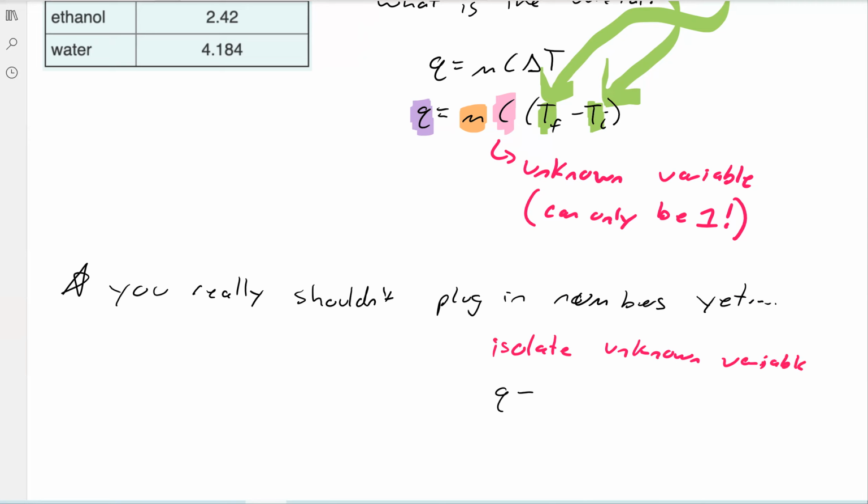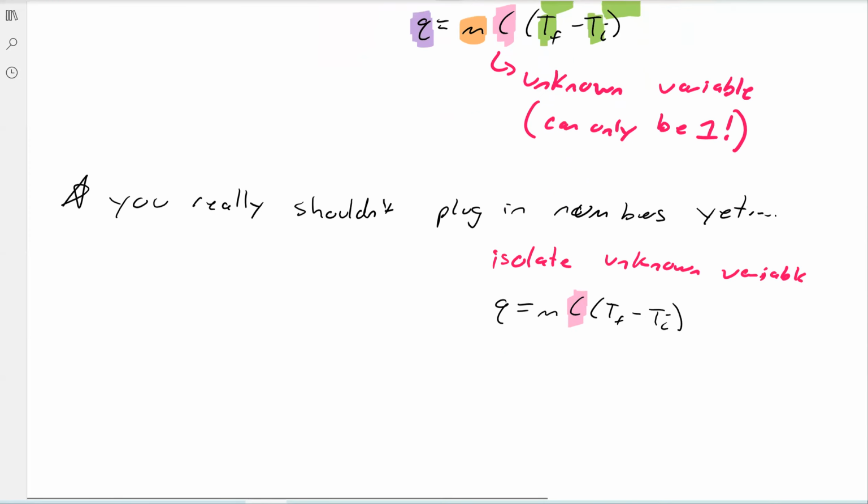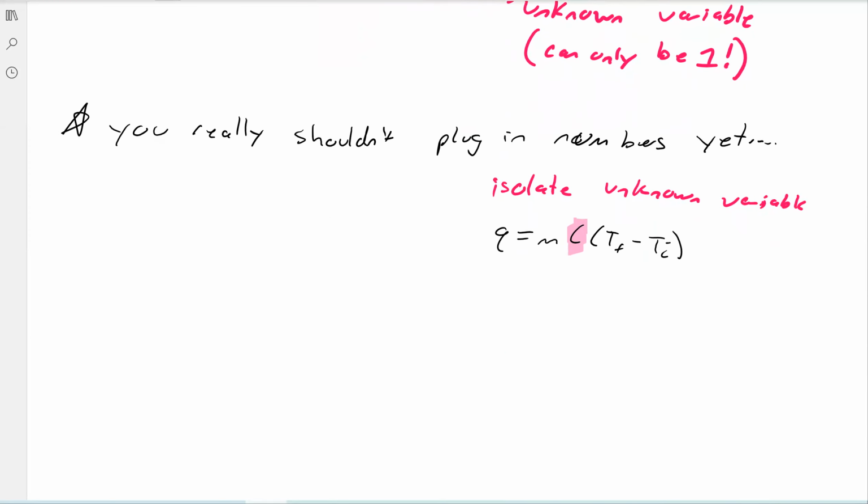So for example, I have my Q equals mC(TF minus TI). And then this C is my unknown variable. What I should do is isolate that first. The steps I would take to isolate it: the first thing I would do is divide both sides by m to move this m to the other side. And then I would divide both sides by TF minus TI in parentheses, right?